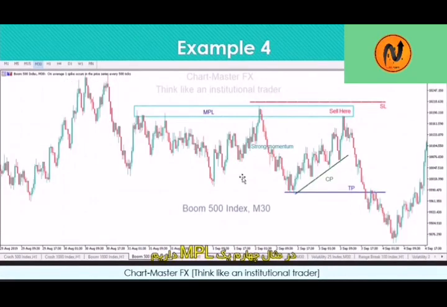On example number 4, guys, here we have an MPL. Once we have an MPL, what happened is that the price dropped with strong momentum to the downside. And once the price dropped with strong momentum to the downside, you can see that the price went up to that MPL in the form of compression, guys.